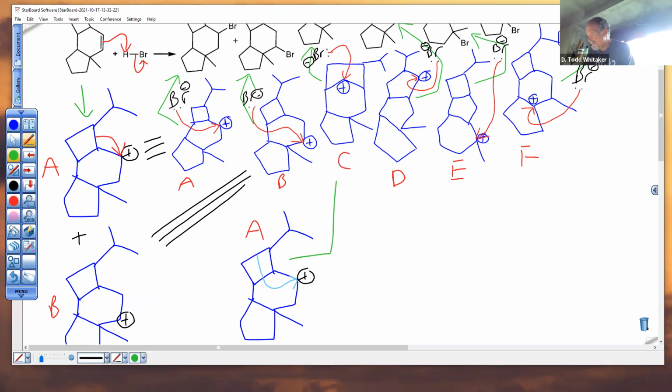Because doing that little trick at the beginning gave us the answer. So in this one, I'll just tell you, just for your education, I call this carbon number X, carbon labeled X, and this one labeled Y. So the X has the isopropyl on it.